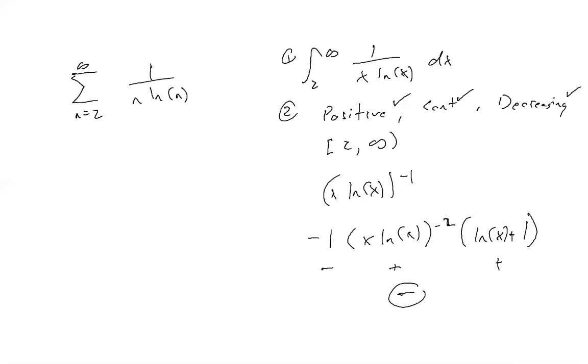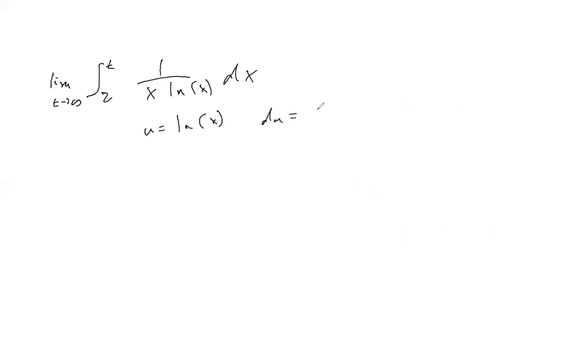Next step, we can do the improper integral. I set it up as a limit. How can I integrate this? This looks like a u sub. Let's try u equals ln of x, du equals 1 over x dx.